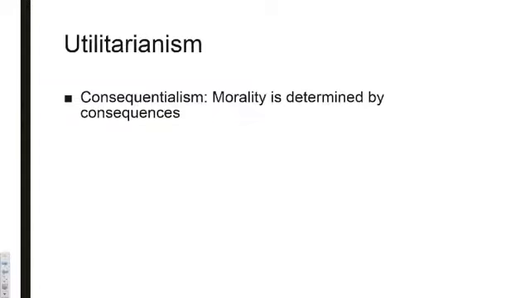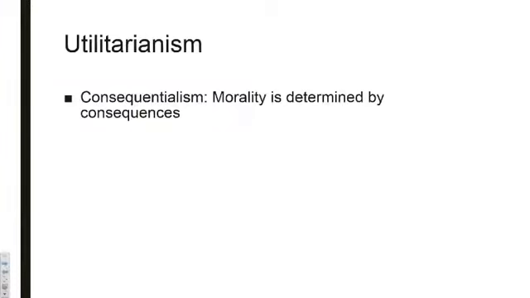Telling the truth is right if it brings about good consequences. There are different brands of consequentialism. So what we have to determine is what constitutes good consequences and bad consequences. Okay? And our different brands of consequentialism offer up different answers to this question.